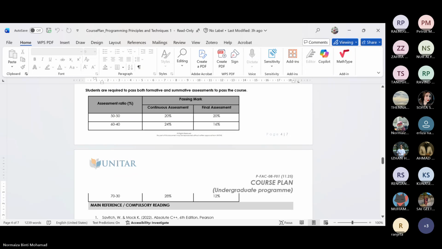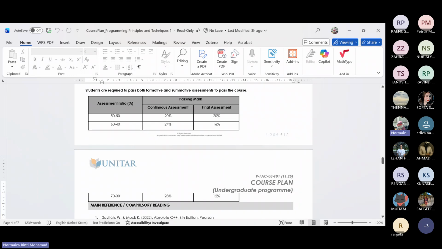The formative and summative assessment. Okay, since we're using 70-30, please remember that you must get at least 28% for your continuous assessment. That means for your assignment, you must get at least 28.